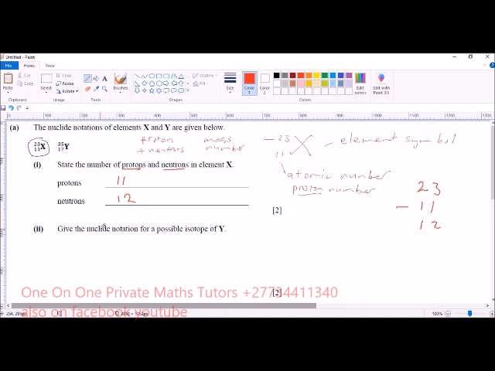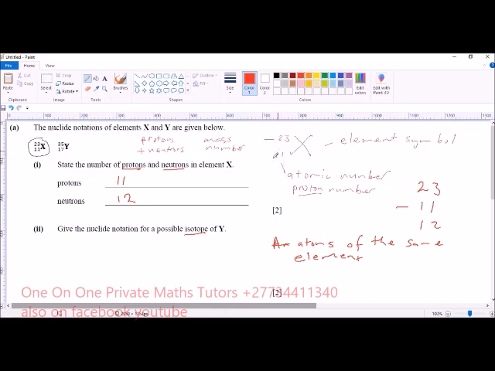Okay, give the nuclide notation of a possible isotope. What is an isotope by definition? Atoms of the same element with different numbers of neutrons. How are they identified? Atoms are identified by the proton number.